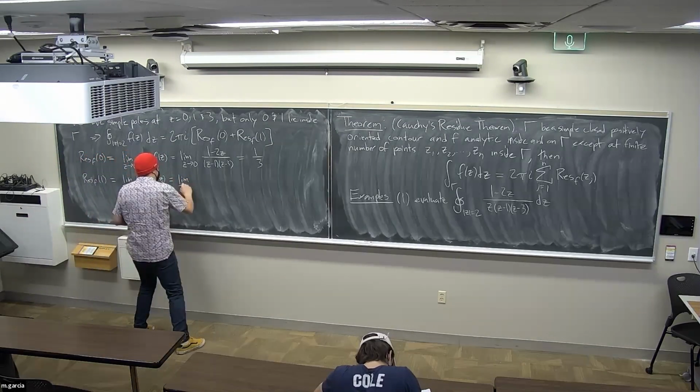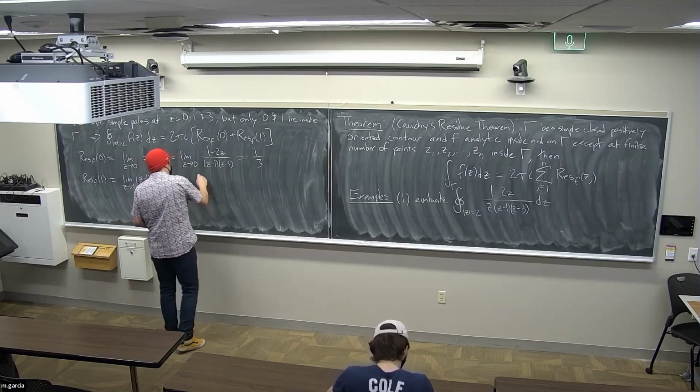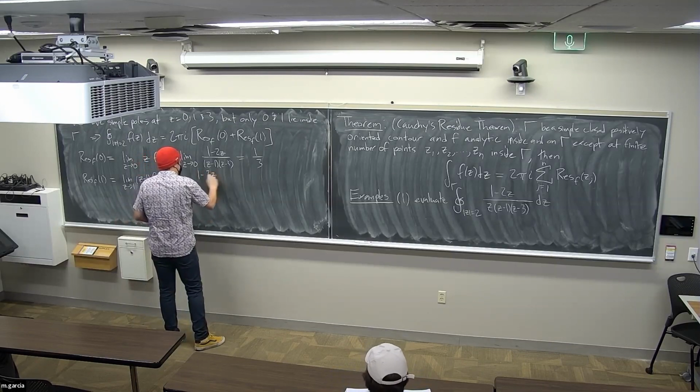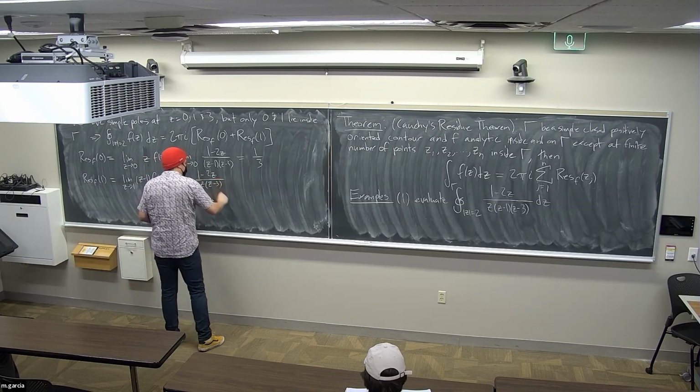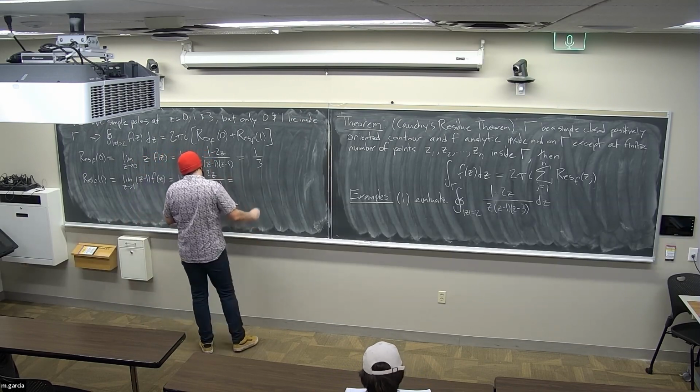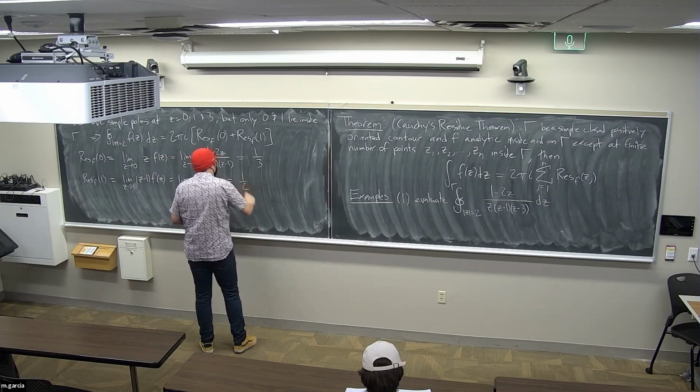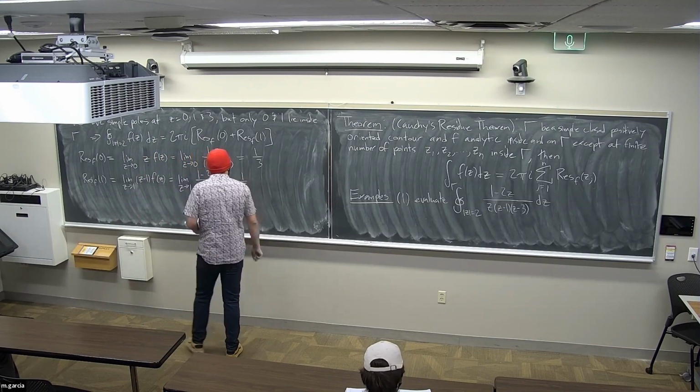Then as z approaches 1, our function with the z minus 1 part canceled out of the denominator. So altogether we get 1/2 when we plug in a 1 here.